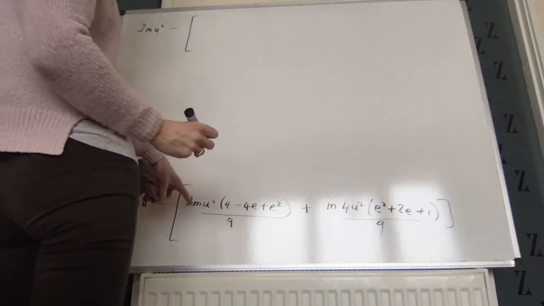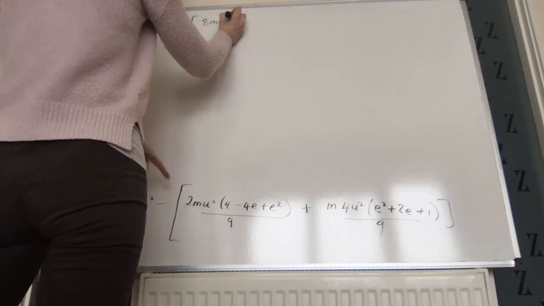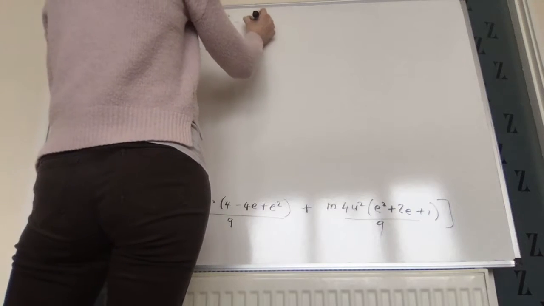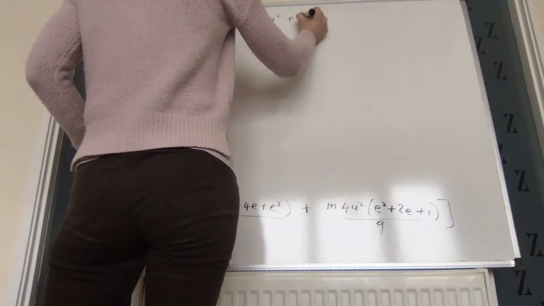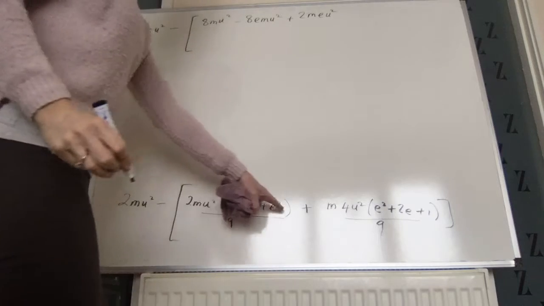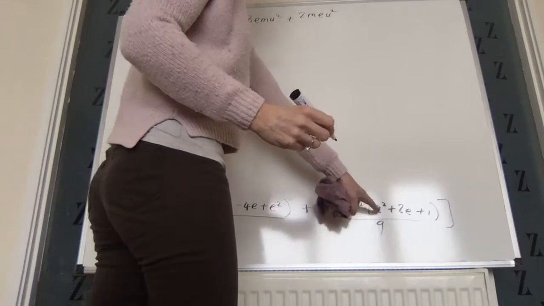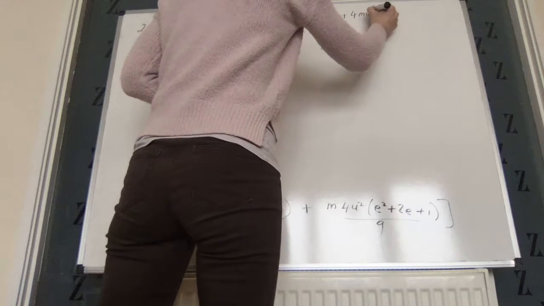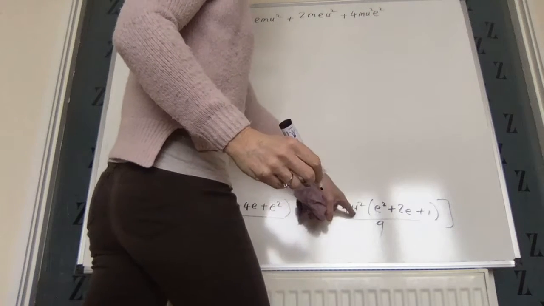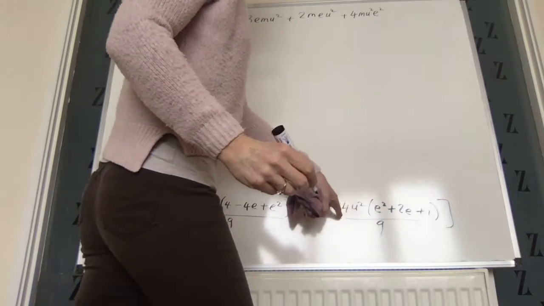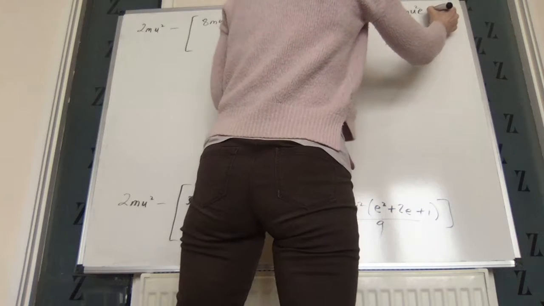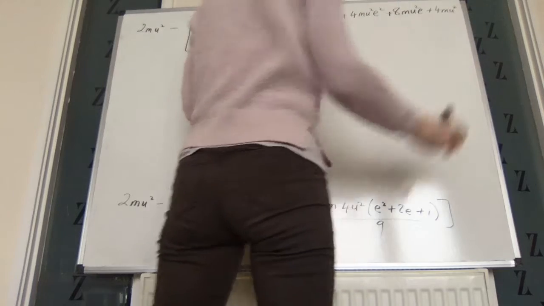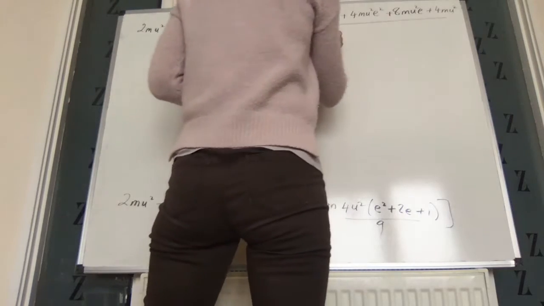You get 8mu squared, minus 8emu squared, plus 2mu squared e squared, plus 4mu squared by e squared... no, 2mu squared by e squared, plus 4mu squared by 2e, which is 8mu squared e, plus 4mu squared by 1, and that's all over 9.